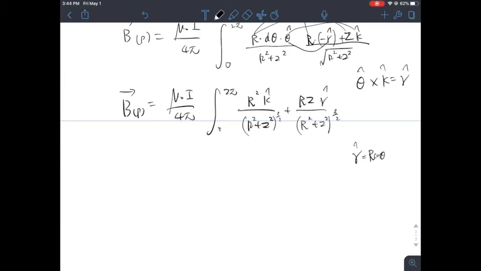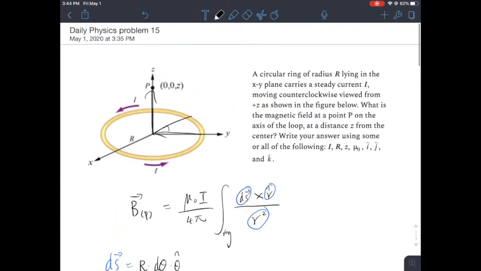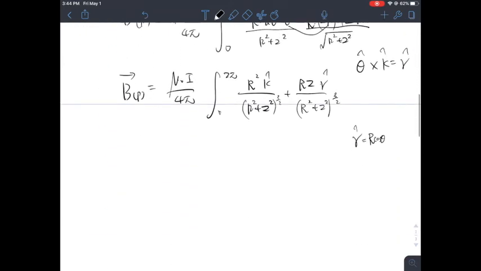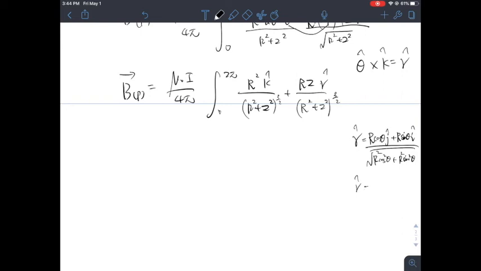But now we need to remember, we need to express our expression in terms of Cartesian coordinates. Now we are in polar coordinates, so we need to transfer our r hat into Cartesian coordinates, and we need to define our theta. Then we can lay out this expression: r times cosine theta times j hat plus r times sine theta times i hat, divided by r, because the magnitude simplifies to r.